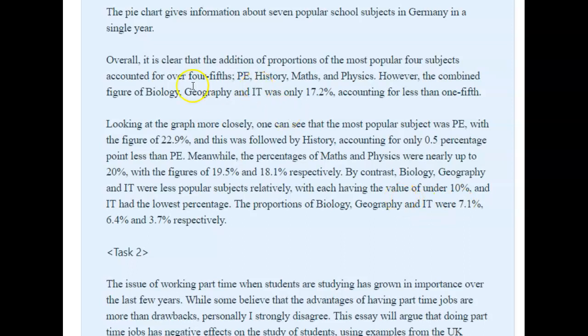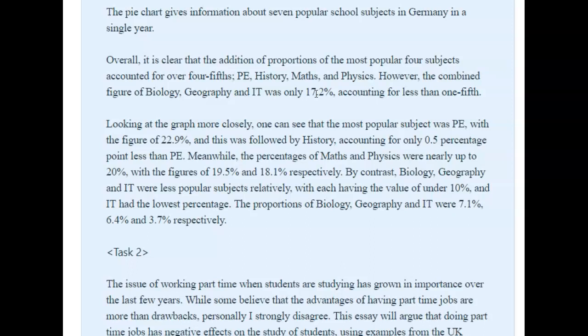Now here you appropriately mentioned that these 3 subjects were only 17.2%. Well, I think it would have been interesting to say that these three subjects combined did not reach the proportion of popularity of any of the other ones, like PE, history, maths, and physics.